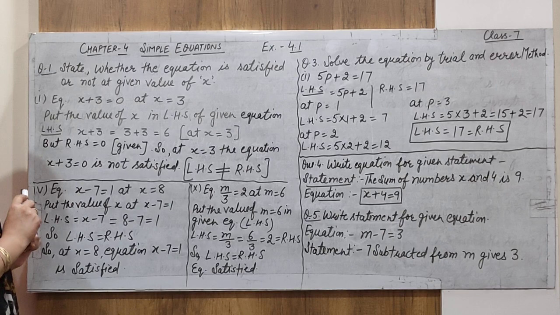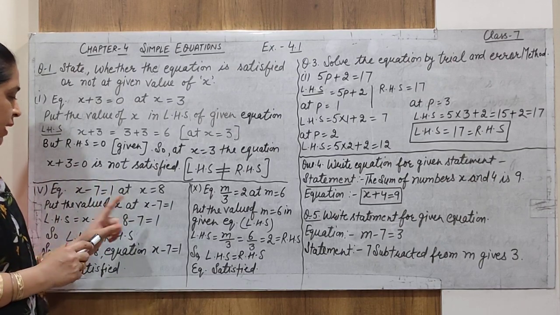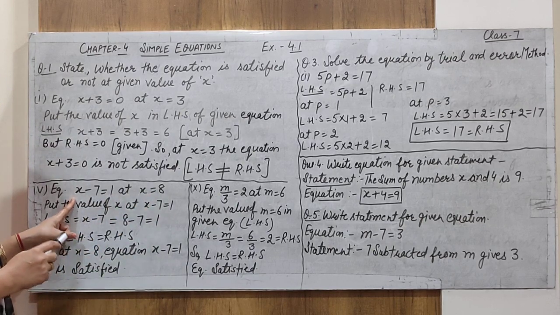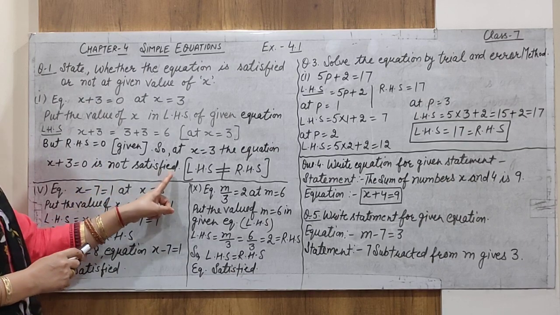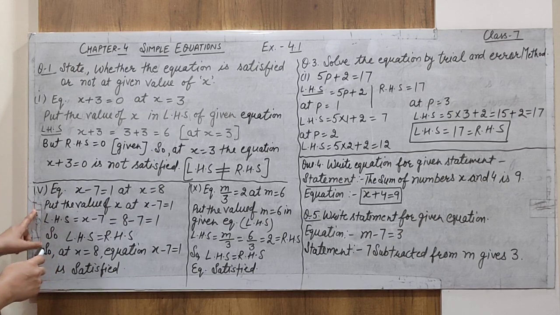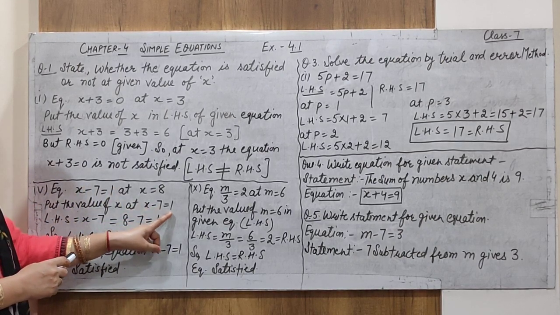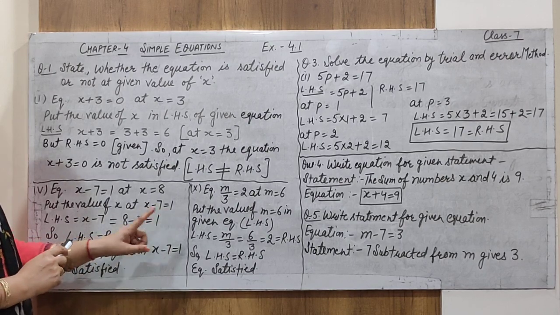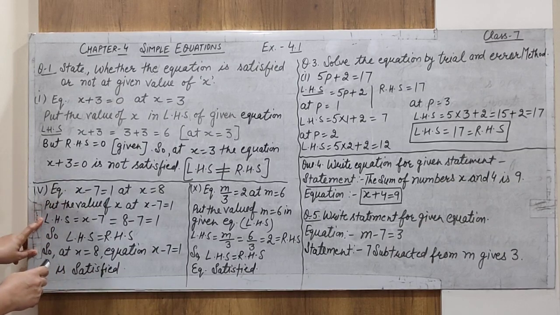How can we show satisfied or not? If the left hand side is equal to the right hand side after putting the value of x, we say the equation is satisfied. Otherwise, as in the first question, the equation is not satisfied. Now, put the value of x in the given equation, that is x minus 7 is equal to 1. Put the value of x, x is equal to 8. So, select the left hand side because x is present in the left hand side.